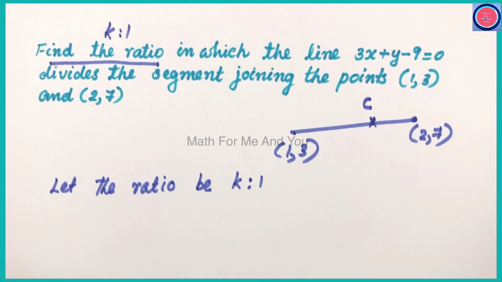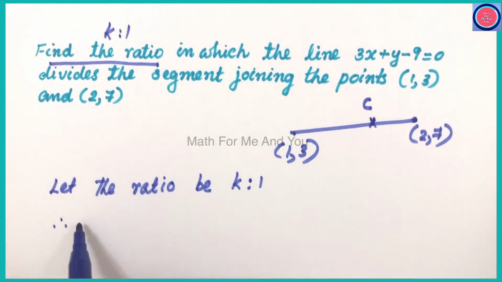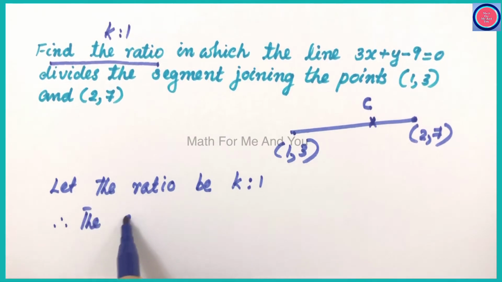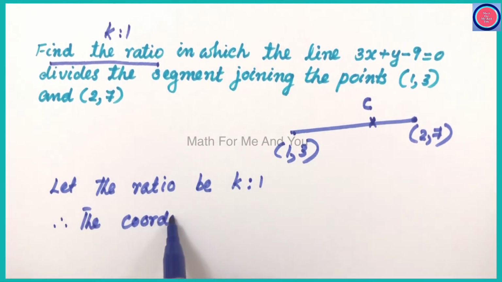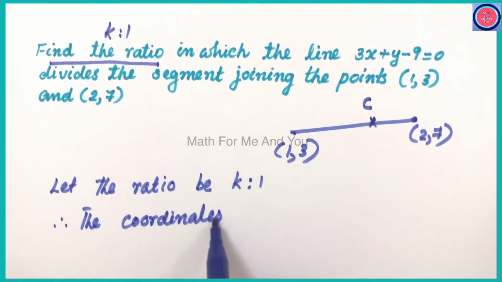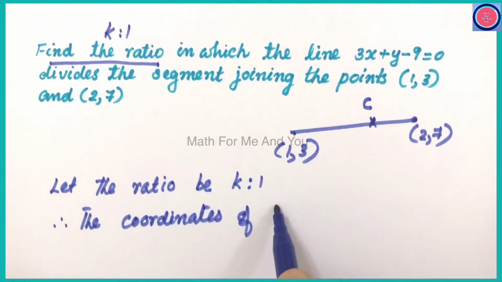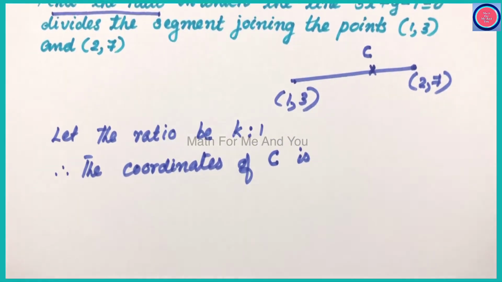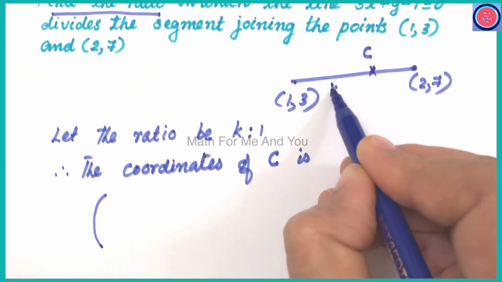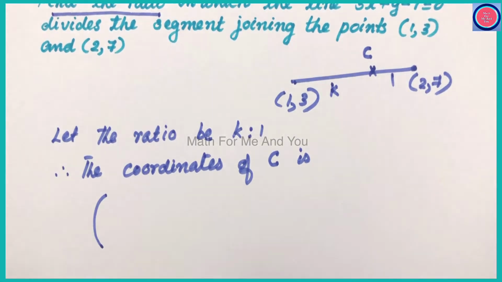So we can write the coordinates of C. What is the section formula? m1x2 plus m2x1 over m1 plus m2, m2y1 plus m1y2 over m1 plus m2. So now using this section formula, we can write the coordinates of C as 1 plus 2k over k plus 1. Because the ratio is k:1.